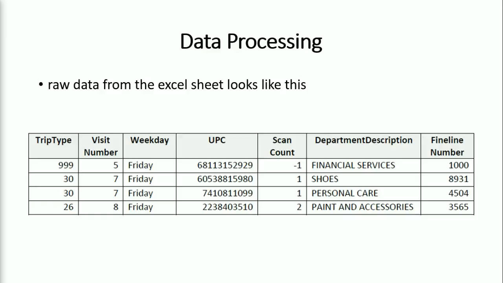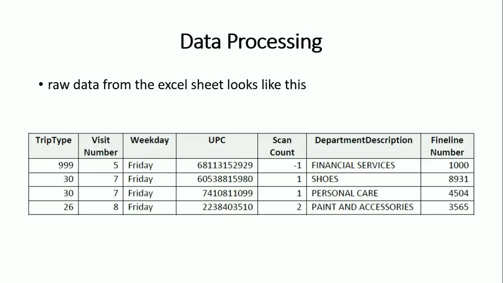So to begin with, to process this data, we need to convert all the character values into numerical values. Hence, let us consider weekday and department description. For weekday, I have decided to number them 1 to 7 depending on the day of the week.